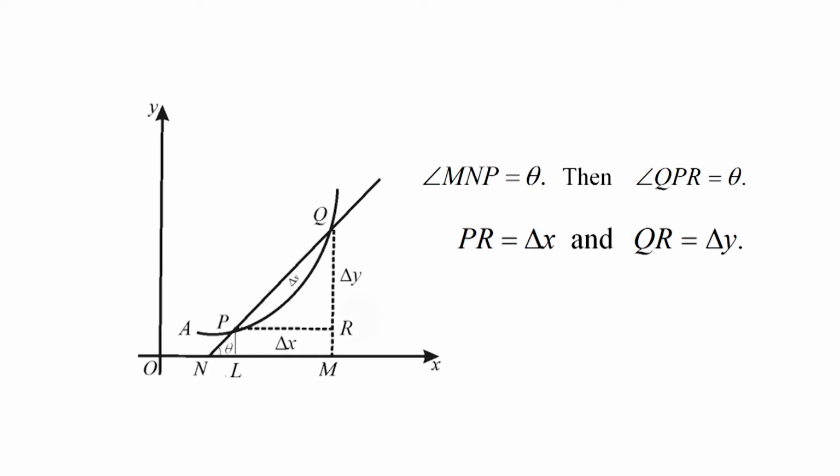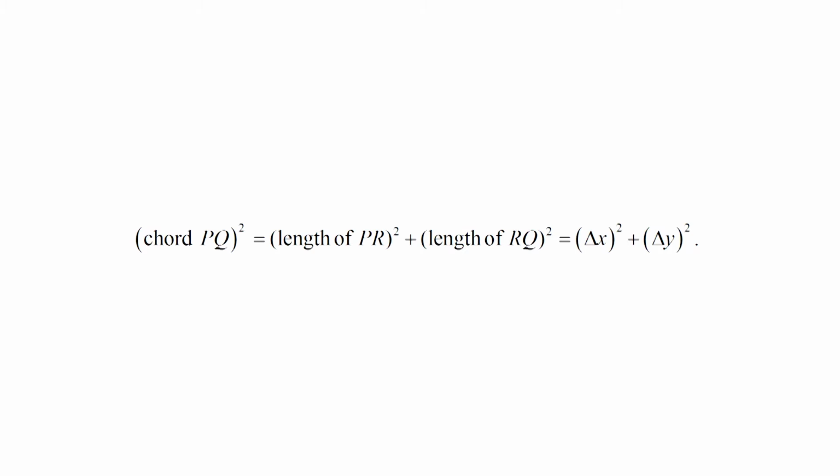From the right angled triangle PRQ, using Pythagoras theorem, we have chord PQ all square is equal to length of PR all square plus length of RQ all square, which is equal to delta x all square plus delta y all square.